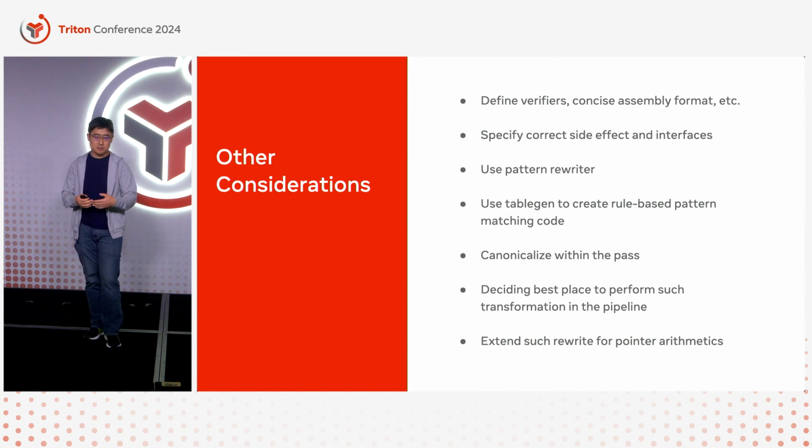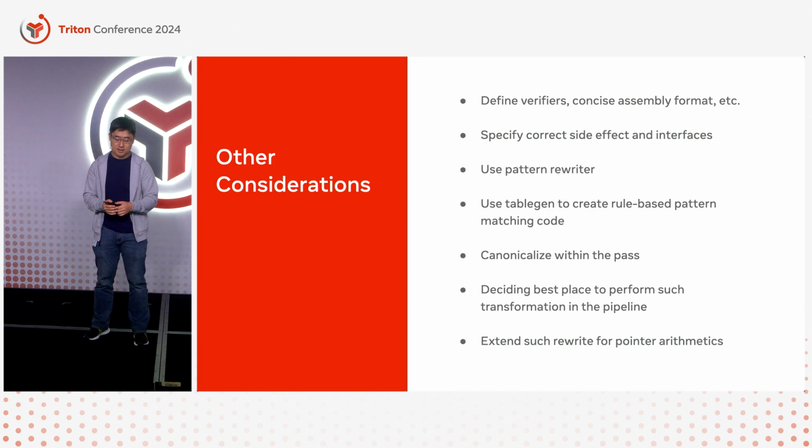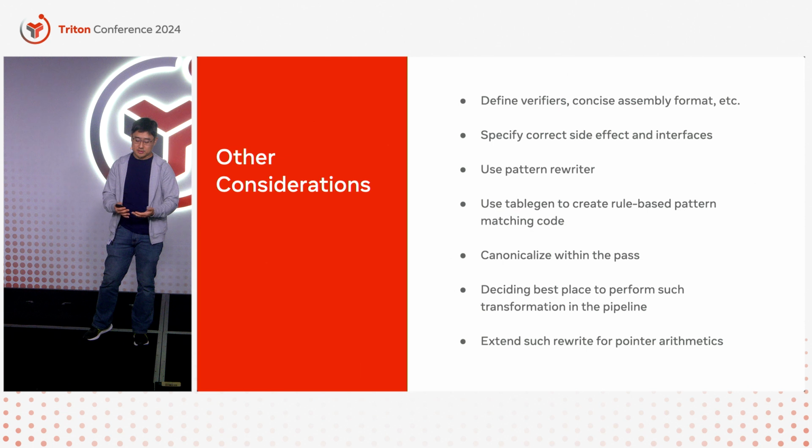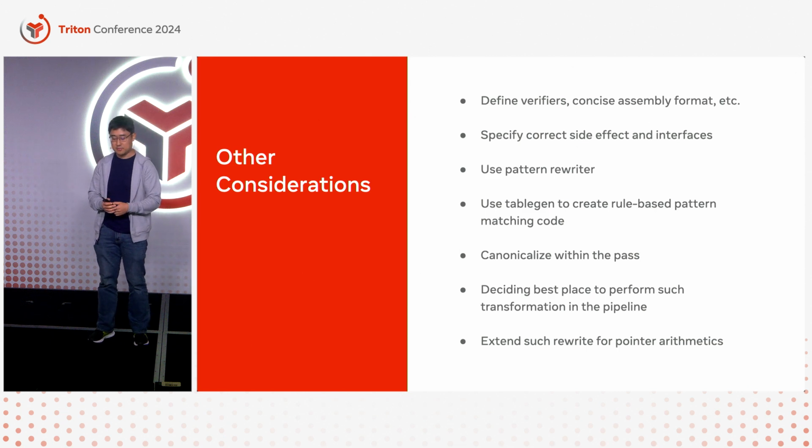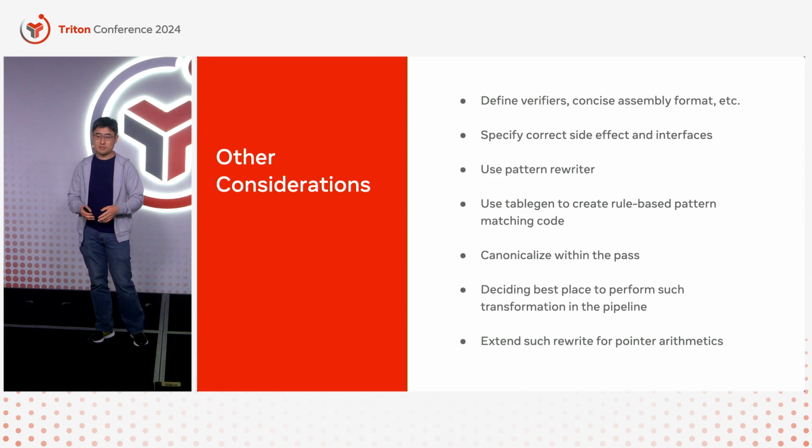In this example, we're doing this rewriting at the Triton IR level, but depending on the compilation pipeline that you're working with, it typically takes quite a bit of thinking to figure out the best place to perform such a transformation. For example, you might want to do this after the operations have been vectorized to the architecture you're targeting.